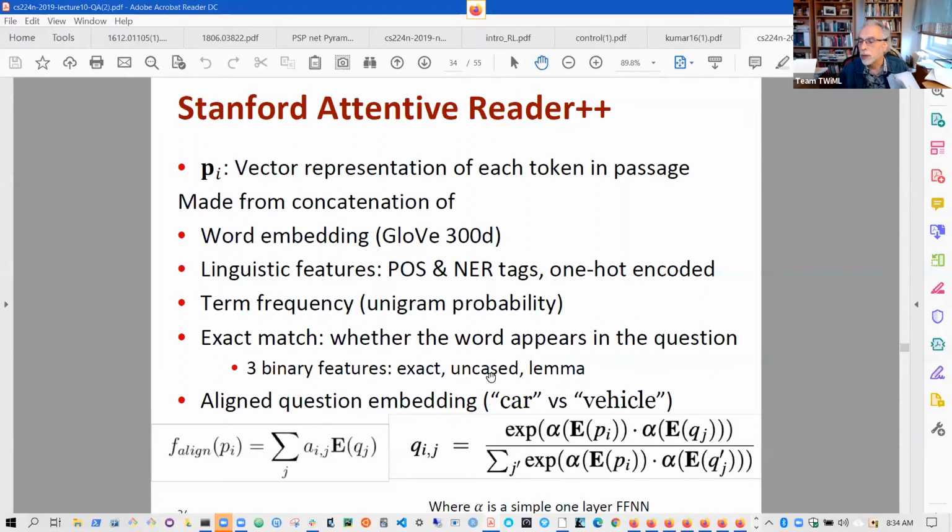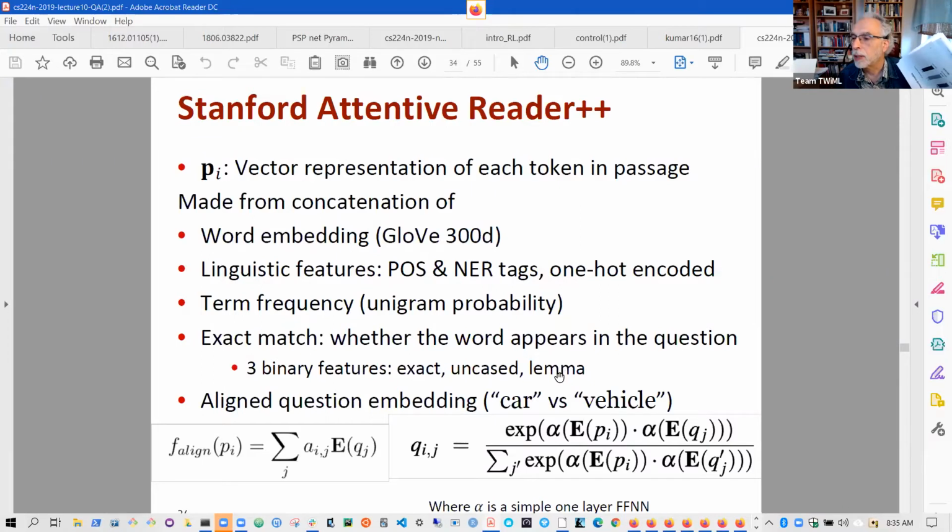The second is whether the word appears with a different case, lowercase or uppercase. For example, the word in the question might have an uppercase first letter, but then in the passage they might find that word with a lowercase. In that case this would be 1, because there's a match, but it's not a case matched word, but it's at least a matched word.